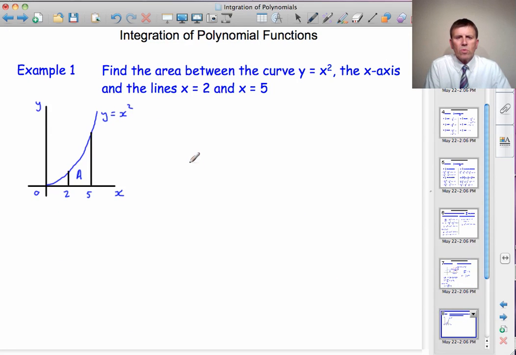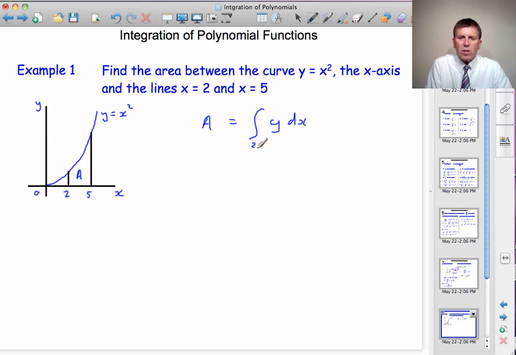Example 1. Find the area between the curve y equals x squared, the x-axis, and the lines x equals 2 and x equals 5. So I'm looking for this area here. And we use this formula that the area is equal to the integral of y dx, y with respect to x.